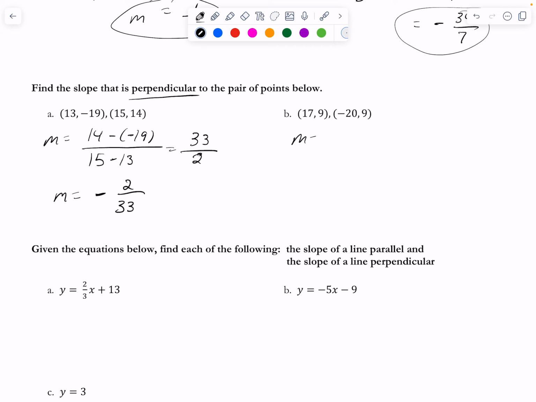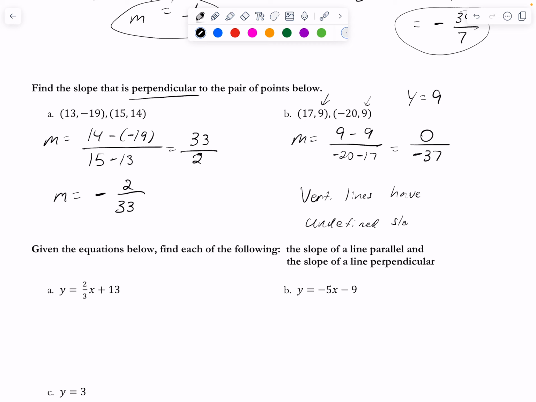Let's do part B. We've got 9 minus 9 over -20 minus 17. Immediately I notice my numerator is 0. You may have also noticed that both y values are the same, so this is a horizontal line. A perpendicular line to a horizontal line would be a vertical line, and I hope at this point you know that vertical lines have undefined slope.